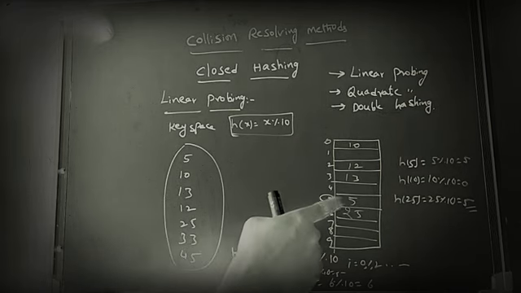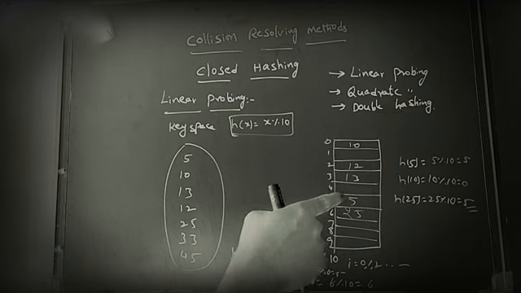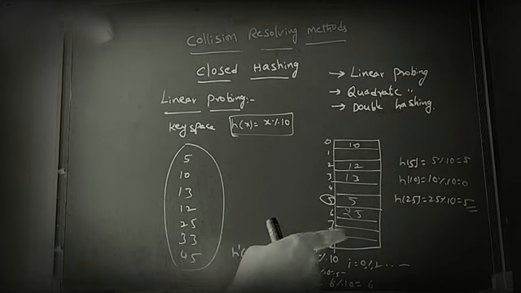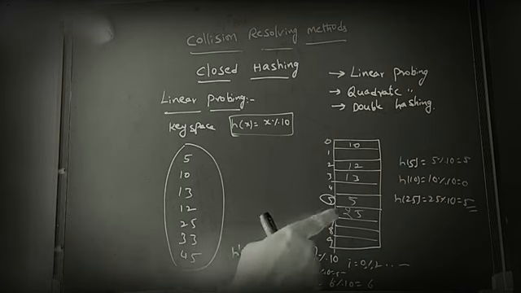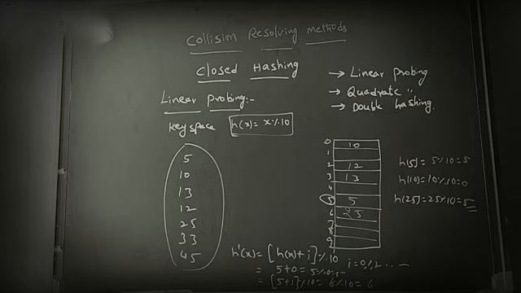If a collision occurs at any place, next search for an alternative place that is empty. If it is empty, immediately place that element in that location. Okay, clear? Next take one more.